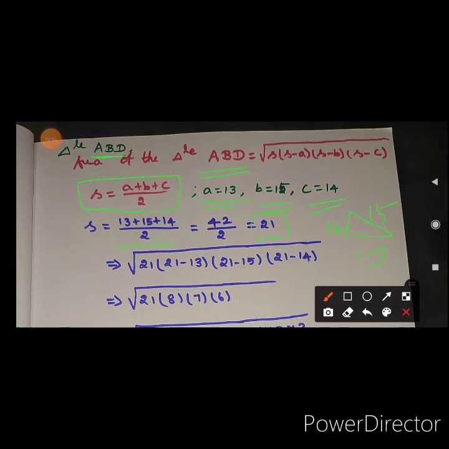So s into s minus a, s minus b into s minus c. 21 minus 13 is 8. 21 minus 14 is 7. Sorry, I simply changed the values. 21 minus 15 is equal to 6.